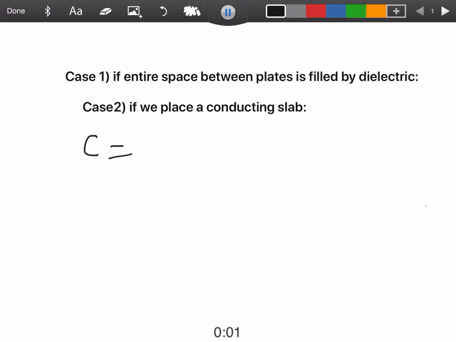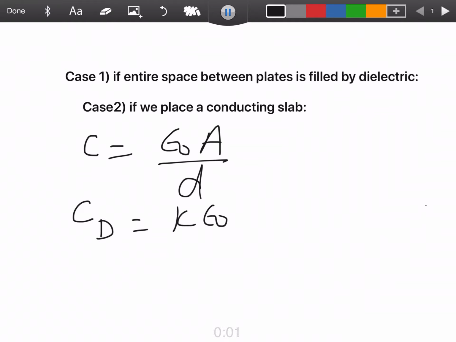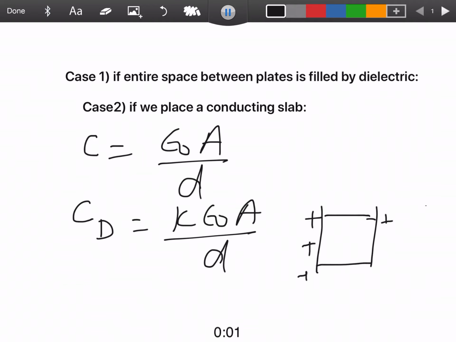Capacity of parallel plate capacitor is equal to epsilon naught A by D when nothing is kept between two plates, and this capacity is equal to K epsilon naught A by D when a dielectric plate is kept between plates of parallel plate capacitor, where K is dielectric constant.